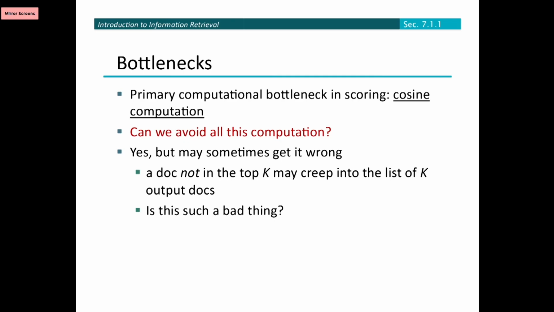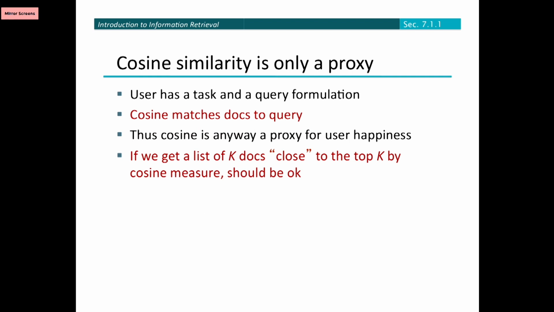The point is that we are still computing cosine similarities for all documents with respect to the query. Can we try to avoid this? Can we avoid computing cosine similarity between the query and all the documents in the collection? That is what we really want.